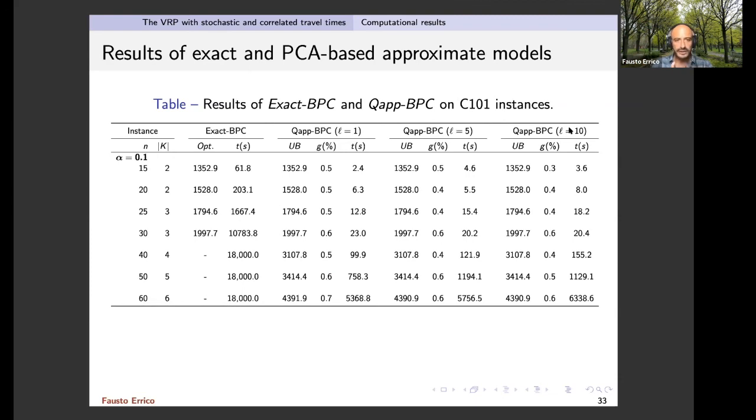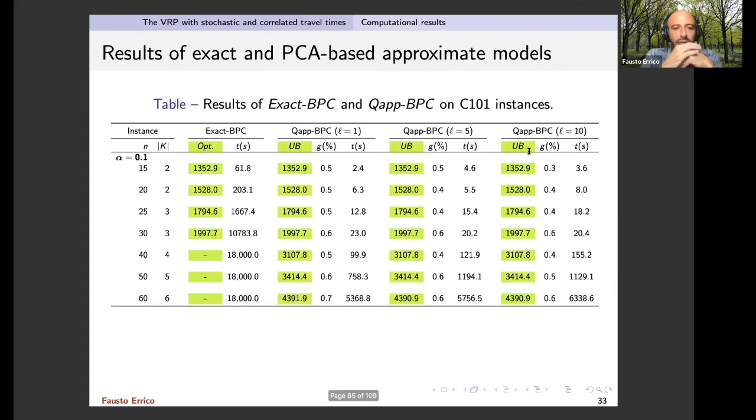Now, if we go a bit more into the details of the results, it doesn't always happen, but in this case even with only one component we actually found the optimal solution of the problem. With 1, with L equal to 5 and L equal to 10, in all cases we found the optimal solution.